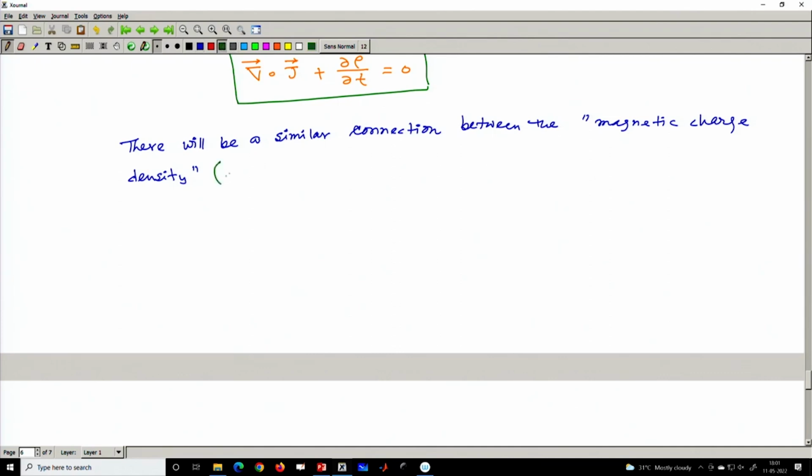We know that there is no magnetic charge, which happens to be 0.